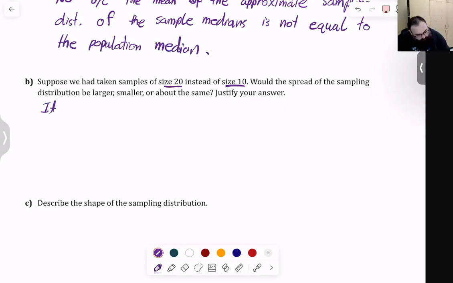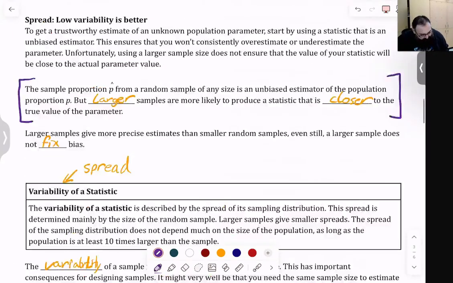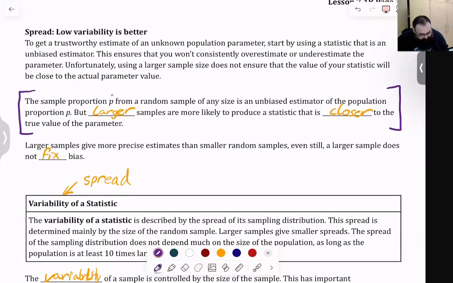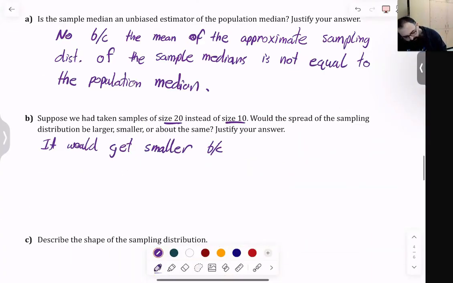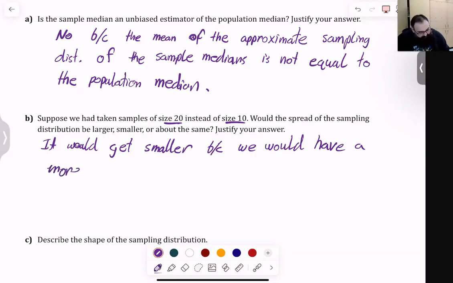It would get smaller, because we would have a more precise estimate. That's fine. Okay, let's look at the next one.